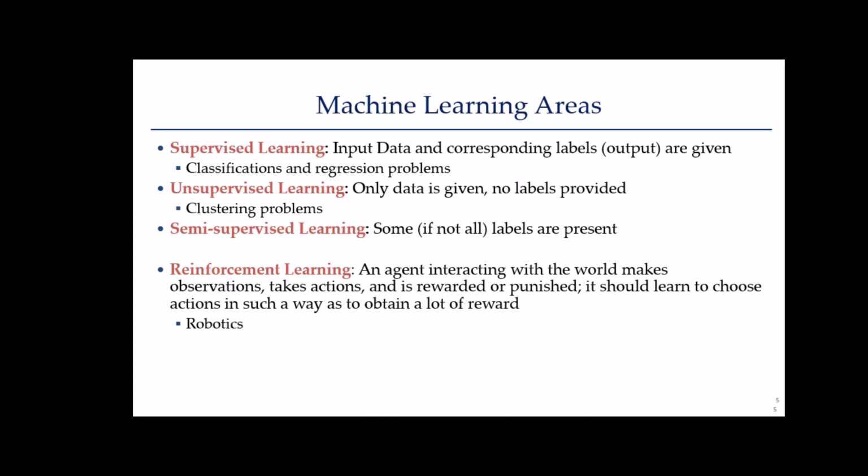In this kind of learning, we have an agent that interacts with the world or the environment around it and makes observations. These observations are given back to the system, and as a result, the system or the DNN will produce actions, and these actions can be either rewarded or punished. Based on this, the system will learn how to do the right behavior in action.